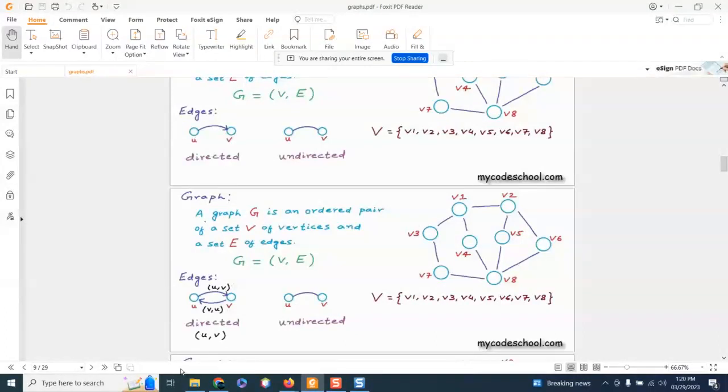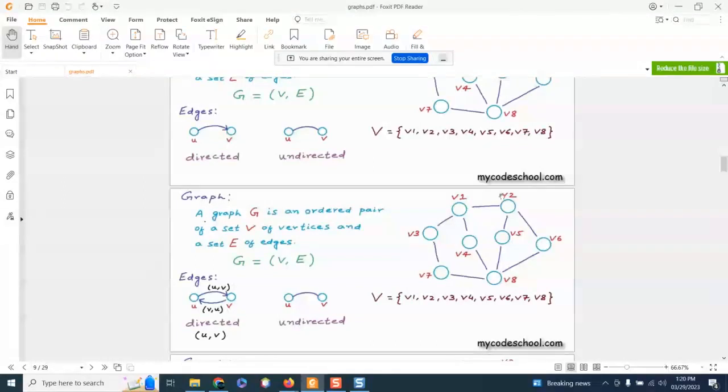So the implementations of the graph are not limited to what you are seeing right now on the screen. Google Maps is the biggest example of graphs. Right? You go from destination to destination. How did they come up with this? Probably they worked on this with directed and undirected graphs.